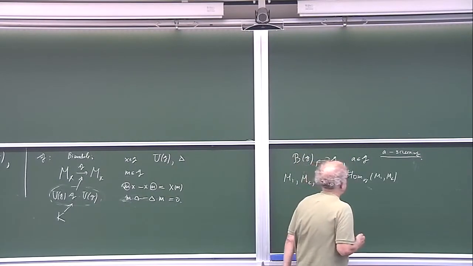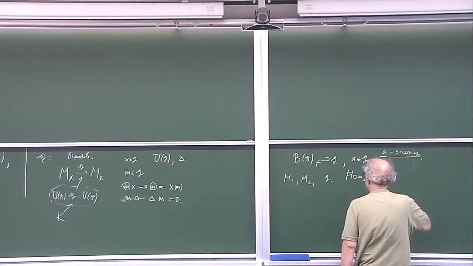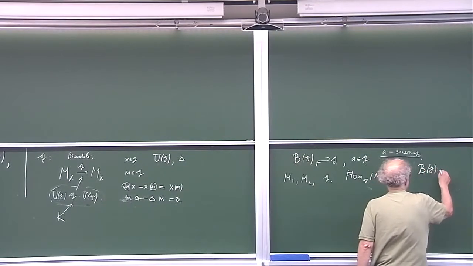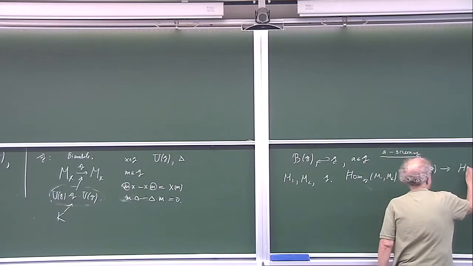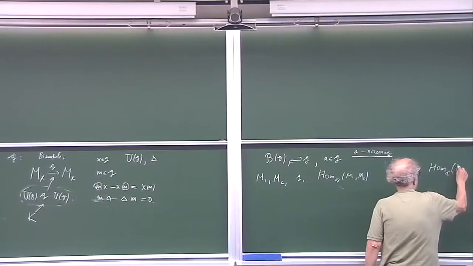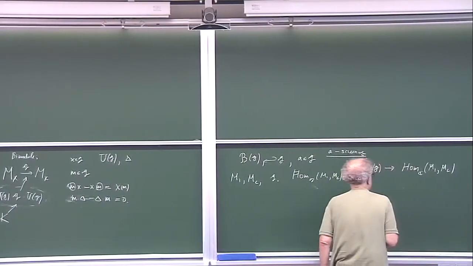So what do I have to do? I have to consider any map from Bg to Hom_C(M1, M2), and this is a bimodule.